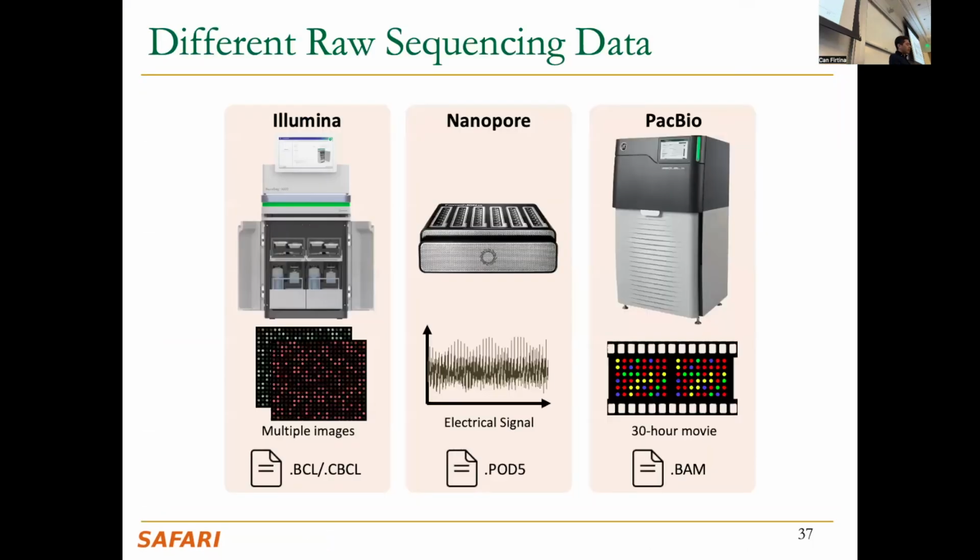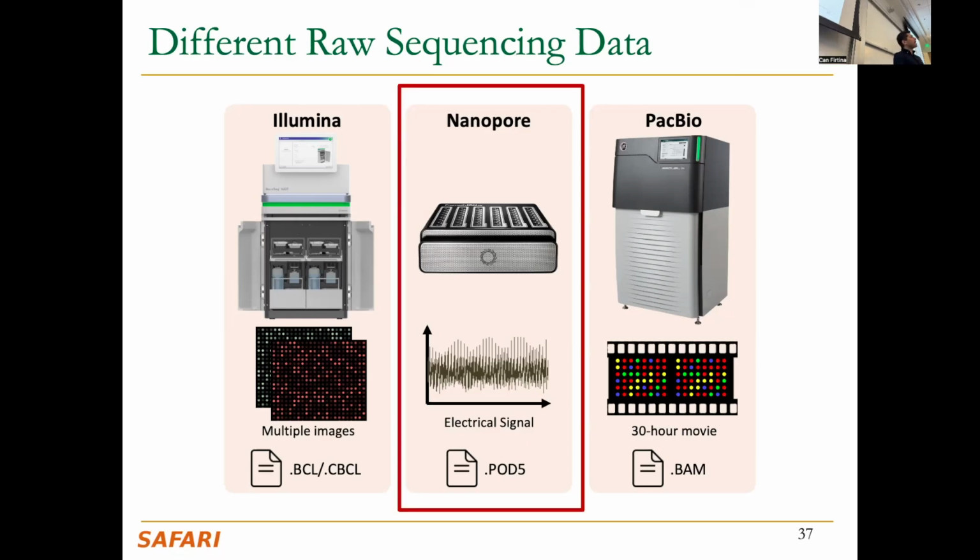Let me give you a little bit of background before I start describing RowHash. When we look at the raw data that these sequencing machines generate, they all generate different kinds of data, but they all generate raw sequencing data at one point before it is converted to base called sequences.